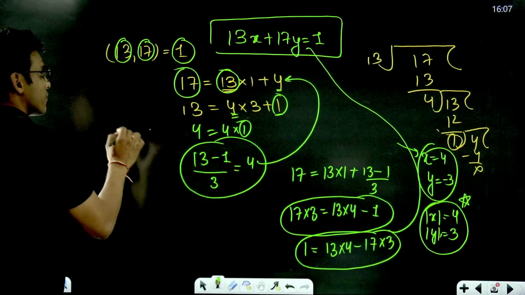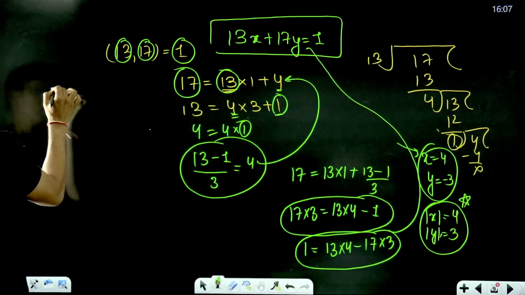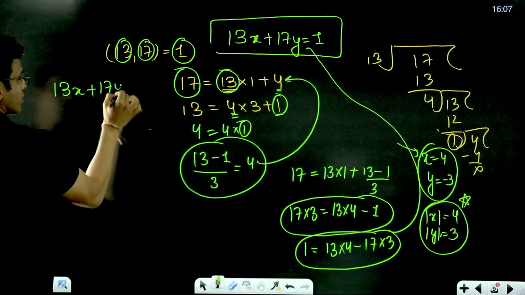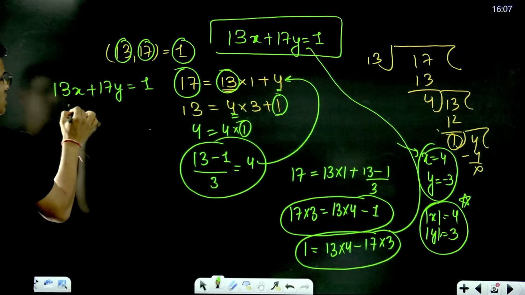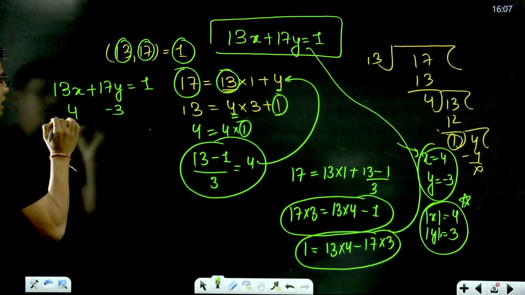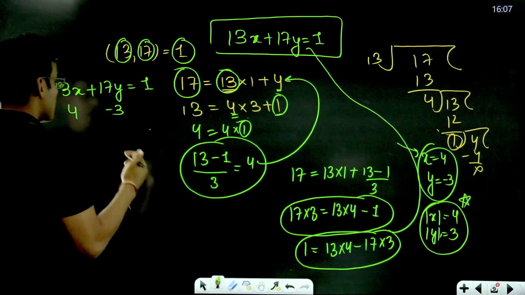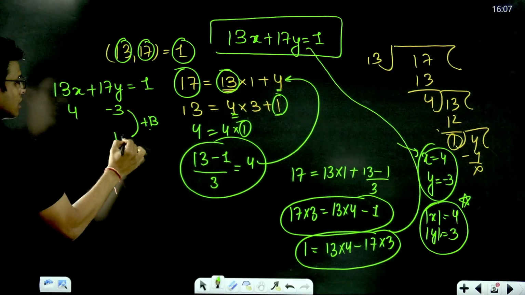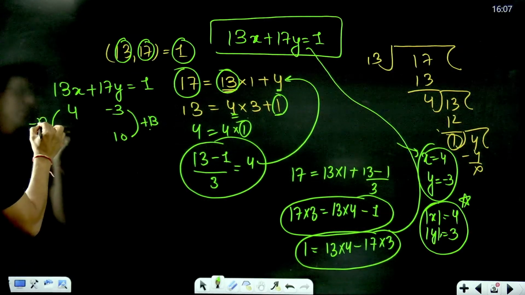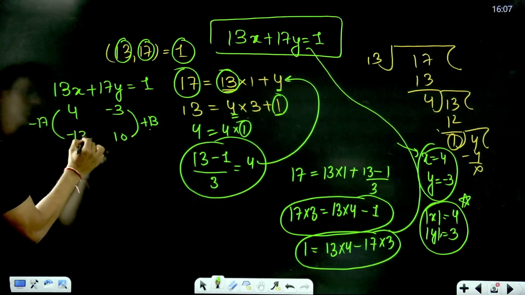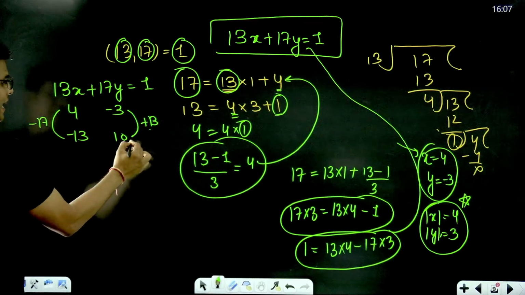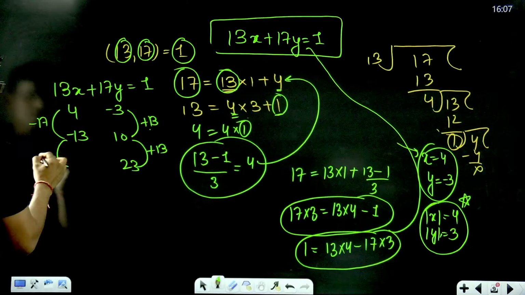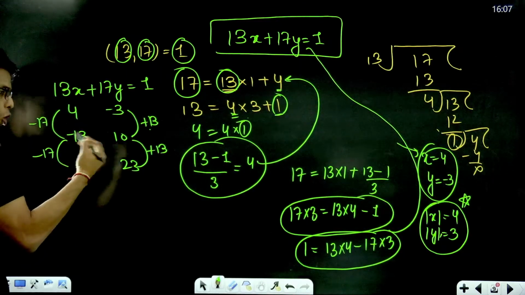If you have studied my basic lecture, you will remember that if my first solution is this, to get the next solution I have to add 17 here and subtract 13 here. Again, add 17 here, subtract 13 here, and so on.